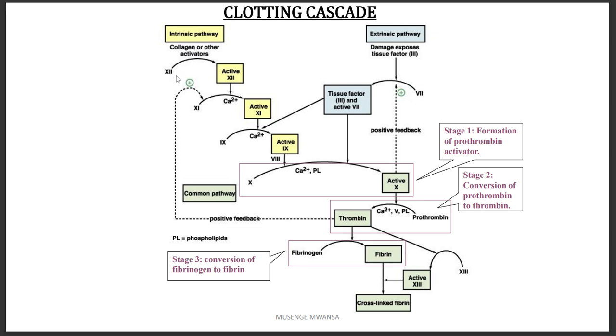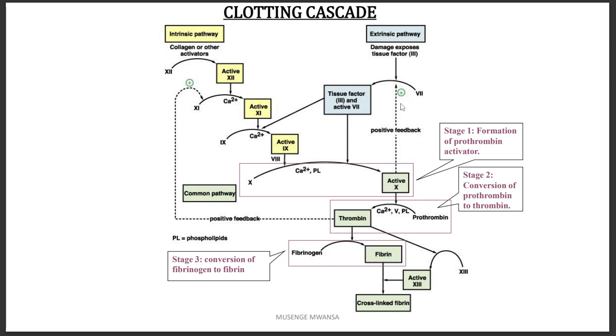They are going to be exposed, and when they're exposed, they activate factor 12 to 12A. 12A is going to activate 11 to 11A in the presence of calcium. 11A is going to activate 9 into 9A. And then 9A is going to activate 8 into 8A. That 8A is now going to convert 10 into 10A. The A just means activated.